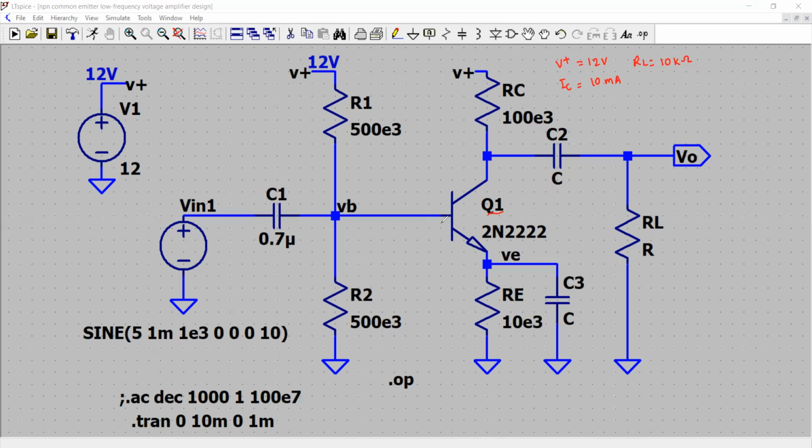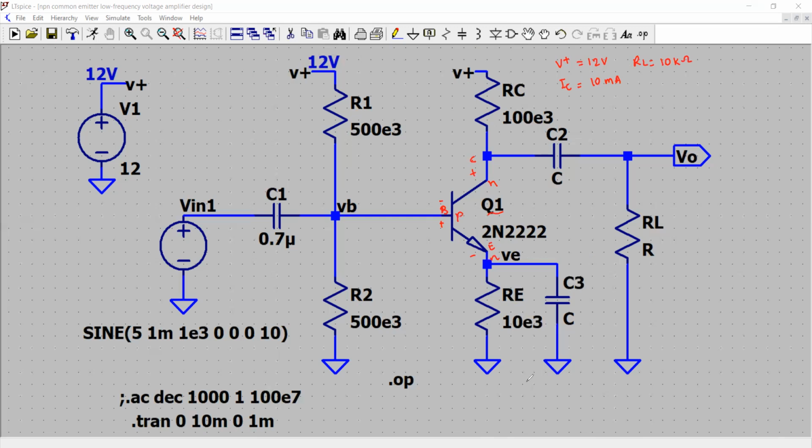That means the base emitter junction is forward biased and the base collector junction is reverse biased. Here is your base, your emitter and your collector, and this is NPN. Here will be the circuit connections.